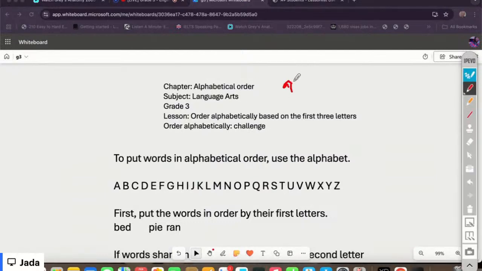Alright, so first you have to log in using aplusstudent.com. You click on your name and you move on to language arts.